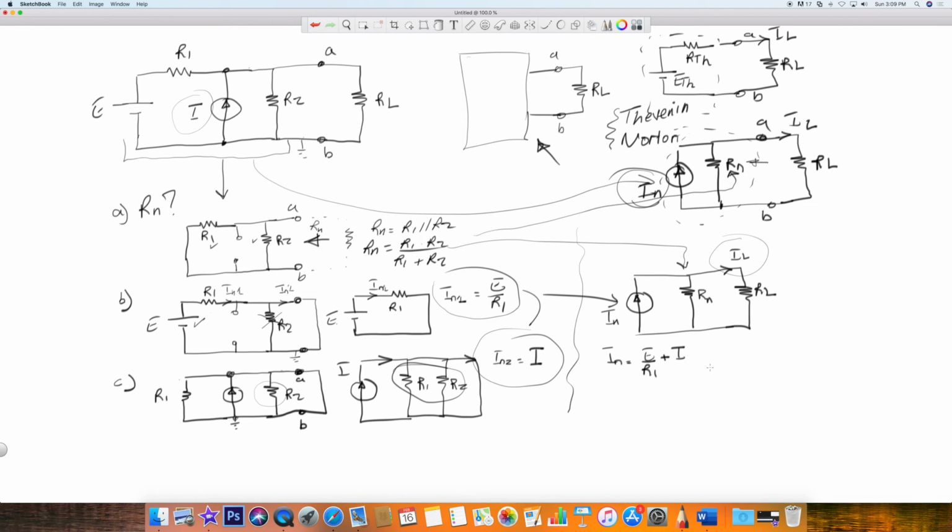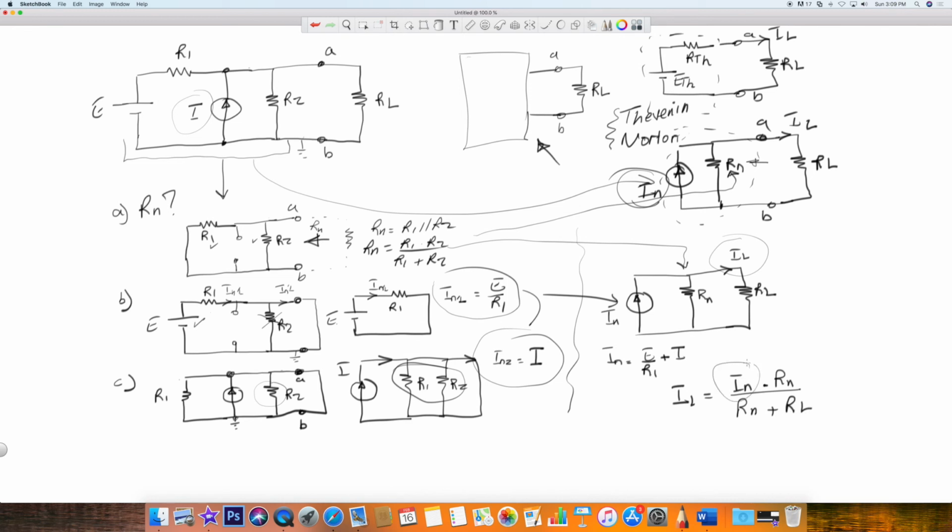Well, for IL, we could do current divider rule. So if you think about IL, it's going to be equal to IN times Rn divided by Rn plus R load.